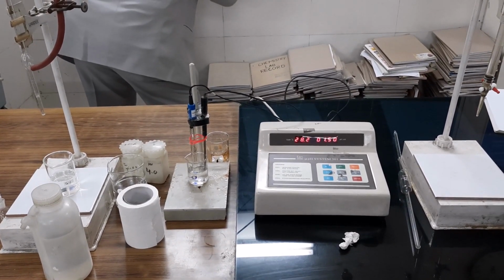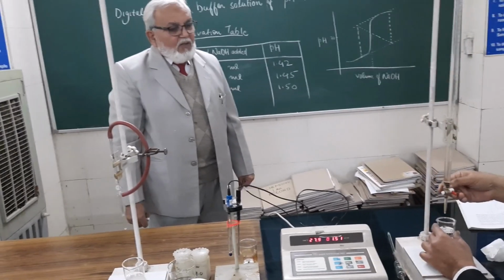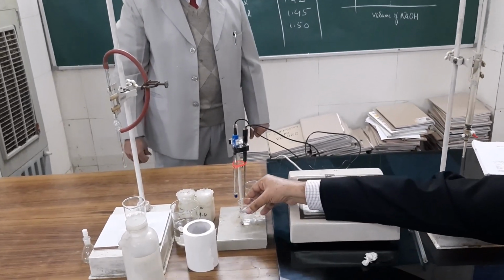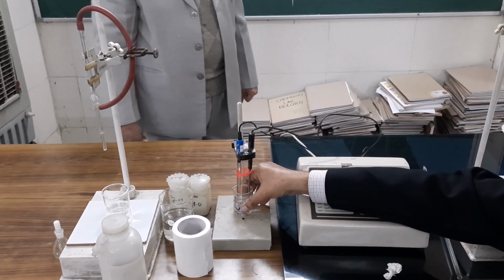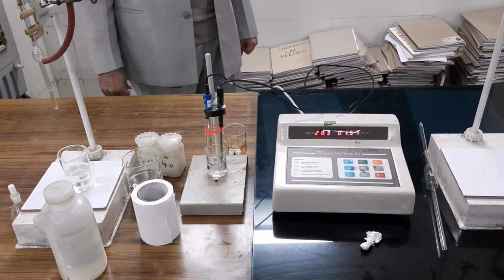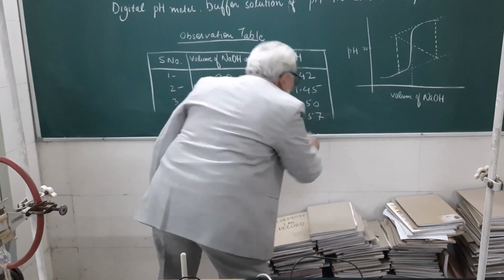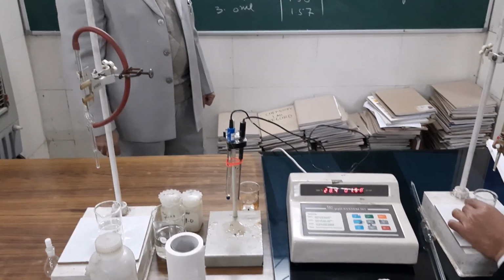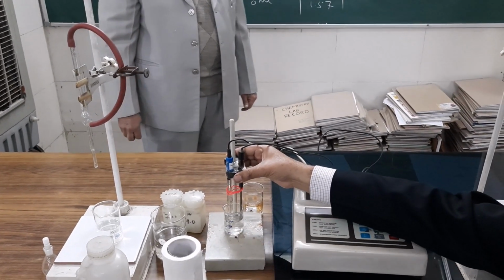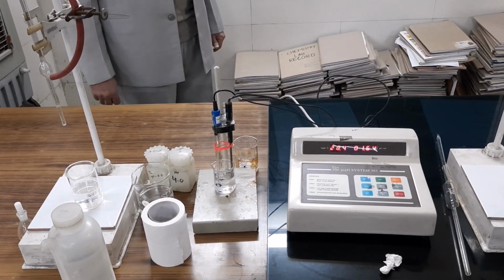After each addition of NaOH from the burette, you keep reading the pH on the pH meter. The readings read .45, .50, .57, .64.